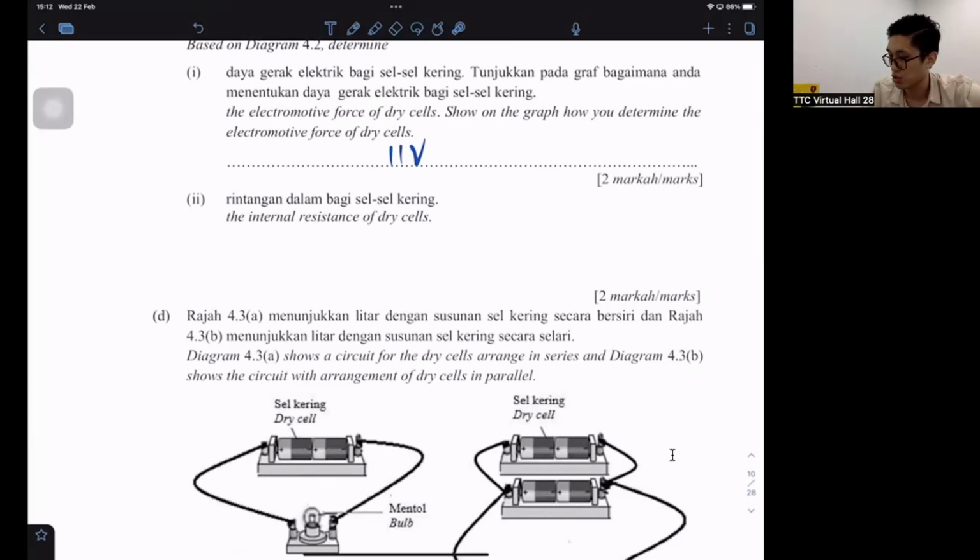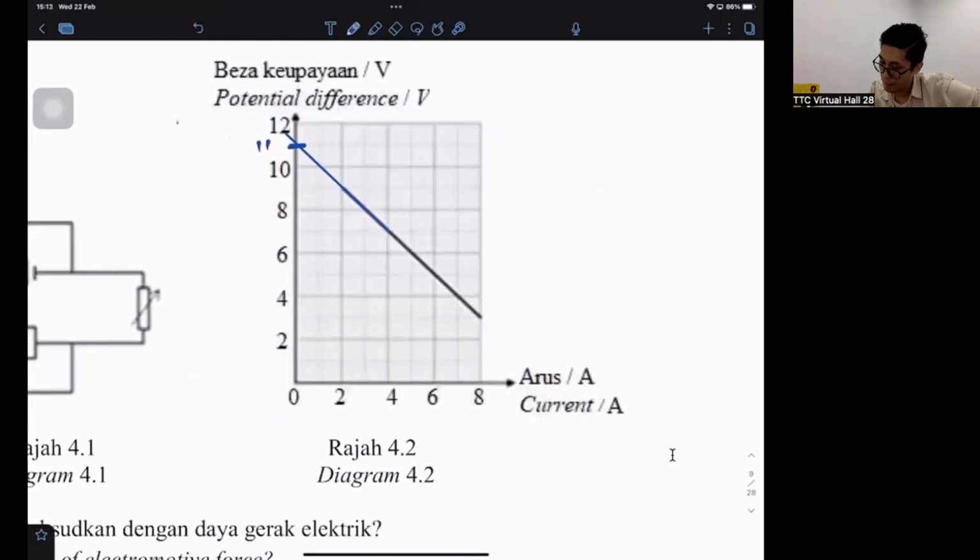So I choose 2 points. Let's say I choose, where is a good point? 8 is not 2, right? Okay, never mind. Let's just discuss, this is 3. So this is 8, 3. This is 0, 11. Okay, right?